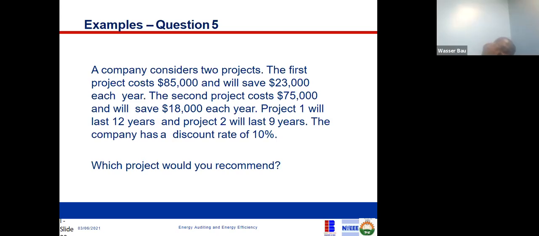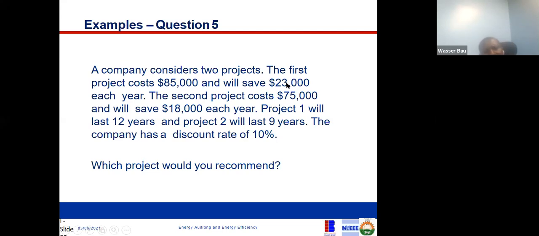Well, that is the work of the energy auditor, to look at the areas where the company or the firm can save money and then to monetize it appropriately.